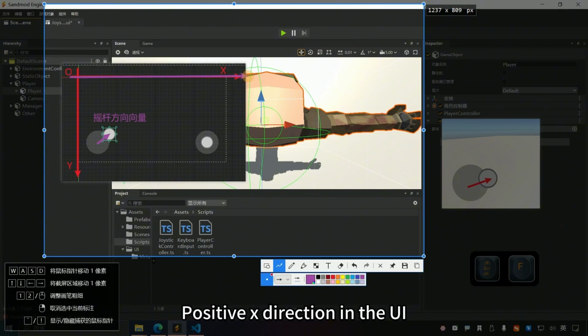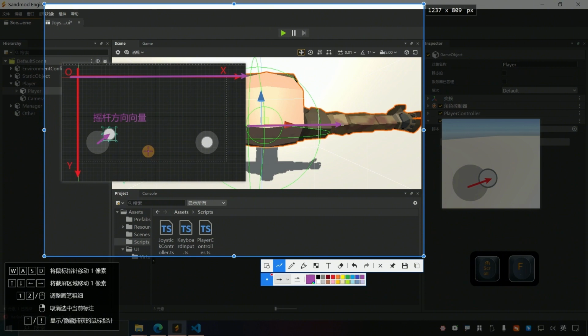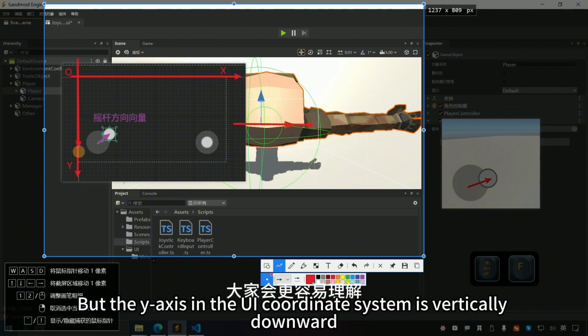The positive x direction in the UI and the positive x direction in the spatial coordinate system are consistent, but the y-axis in the UI coordinate system is vertically downward.